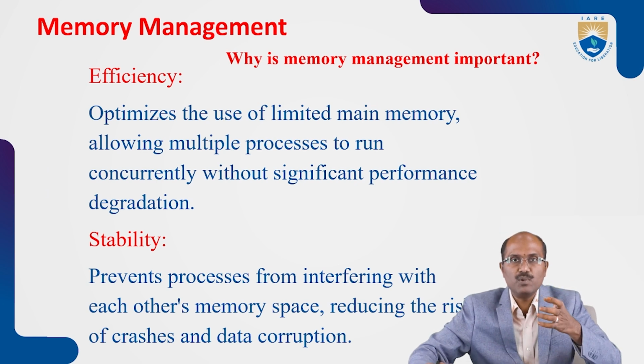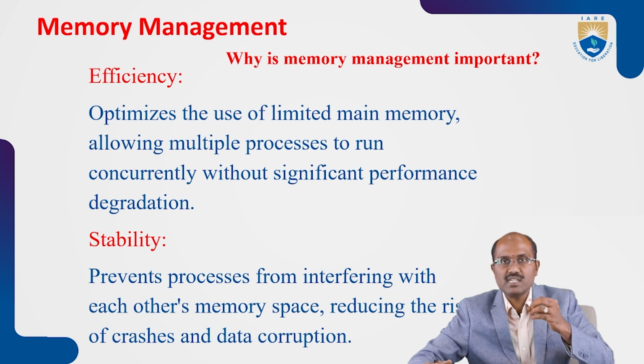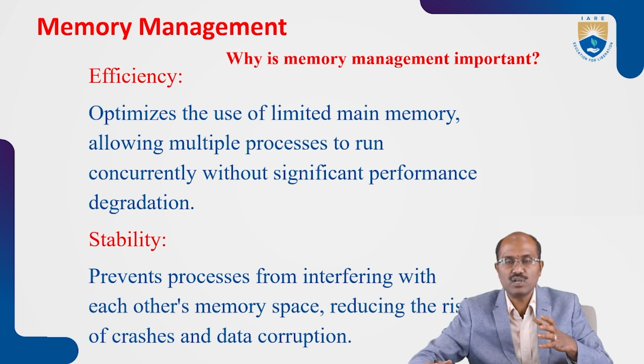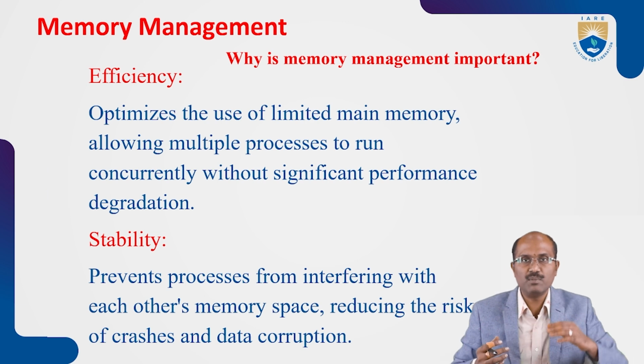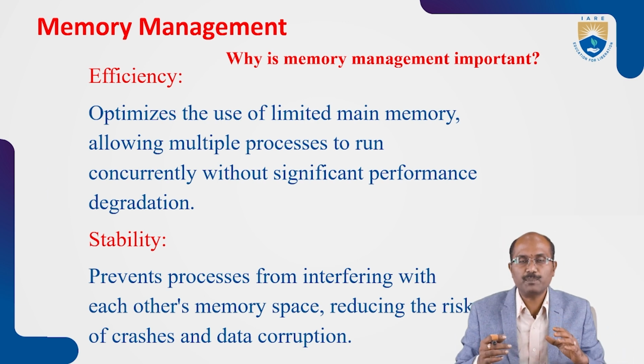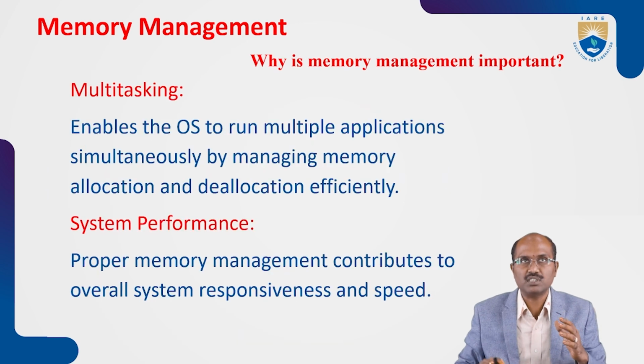A device's stability means its own performance and its own capability. Secondary memory devices have their own stability, and primary memory devices have their own stability. It depends upon the management efficiency and stability of the process.